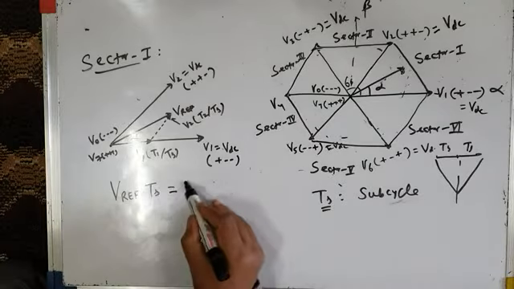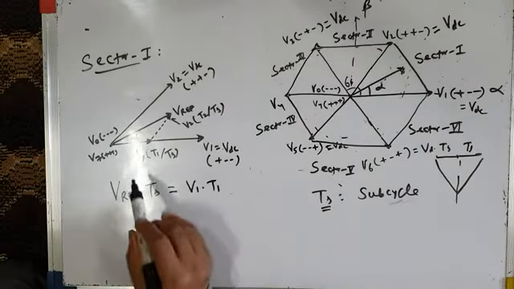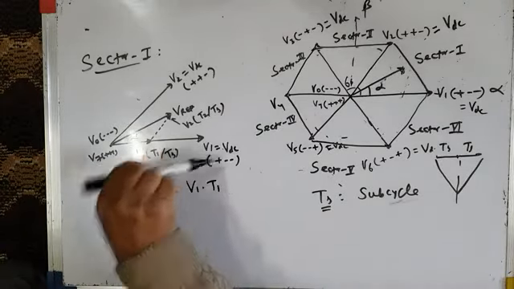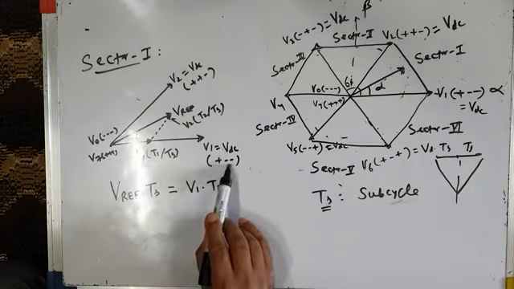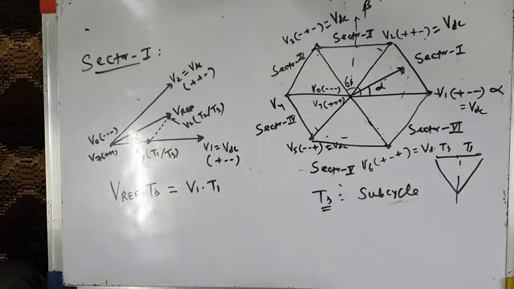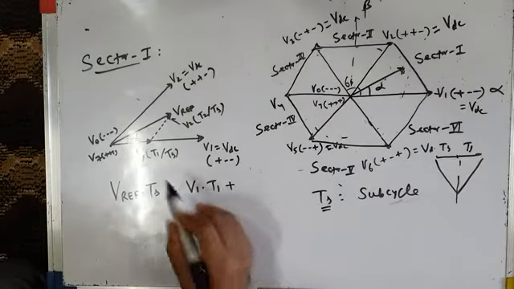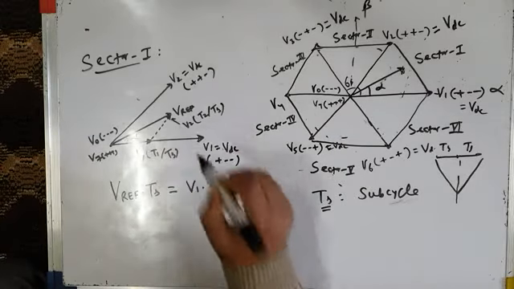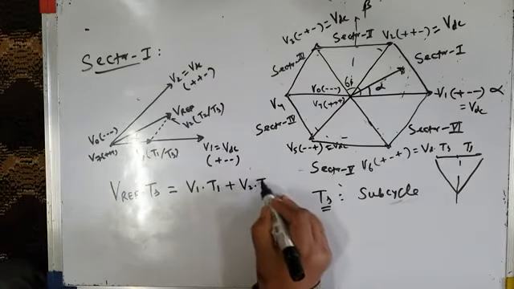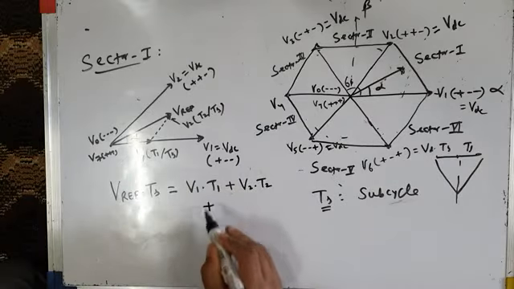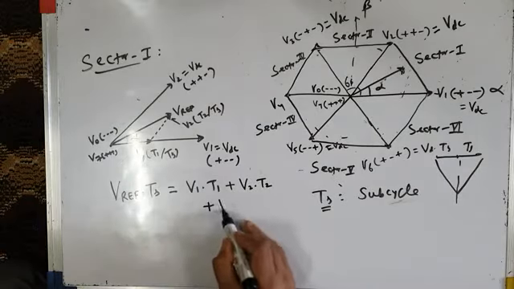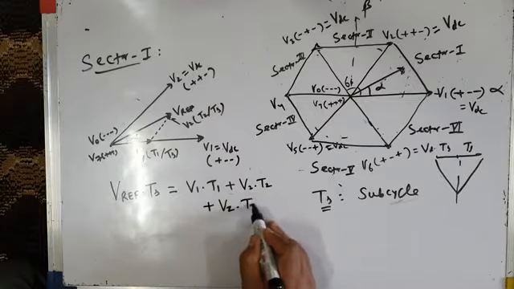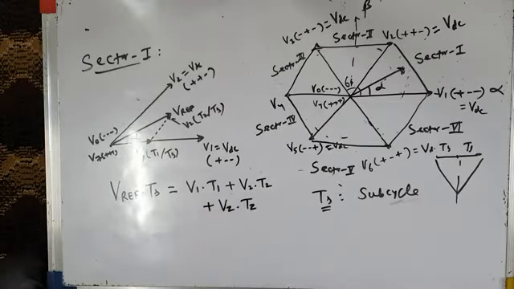This is equal to V1 into T1, because voltage vector V1, which is switching state plus minus, is applied for a time period of T1, plus voltage vector V2 is applied for a time period of T2. So V2 into T2 plus zero voltage vector Vz is applied for a time period of Tz. Okay.